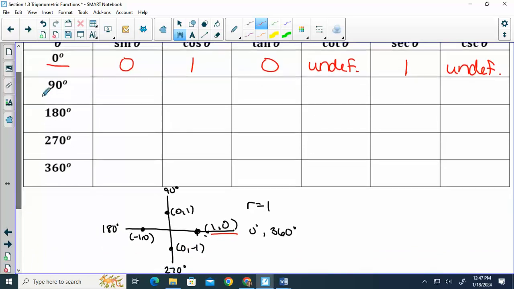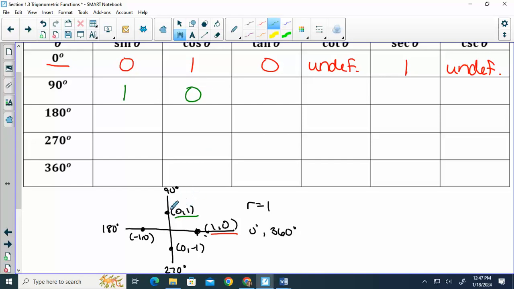Let's go to 90 degrees. For 90, we would use the point 0, 1. Everybody knows where these ordered pairs came from? Okay. So sine, y over r, 1 over 1. Cosine, x over r, so 0 over 1.